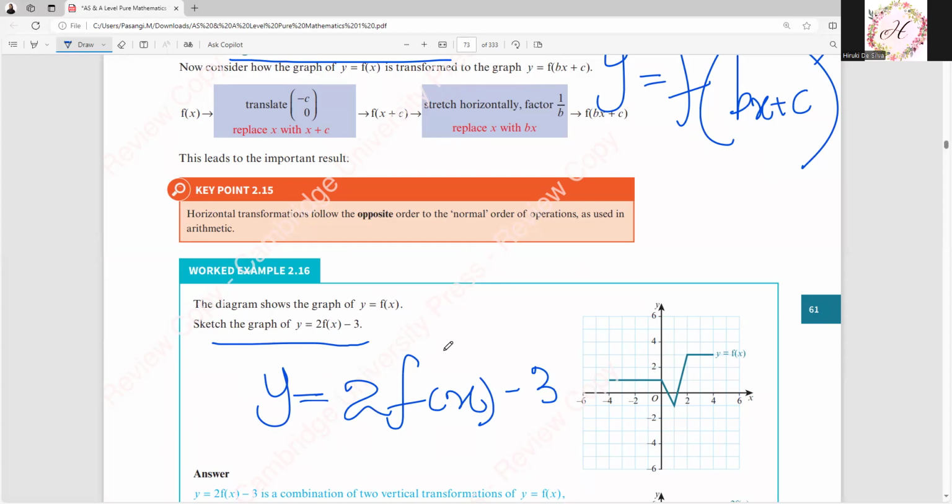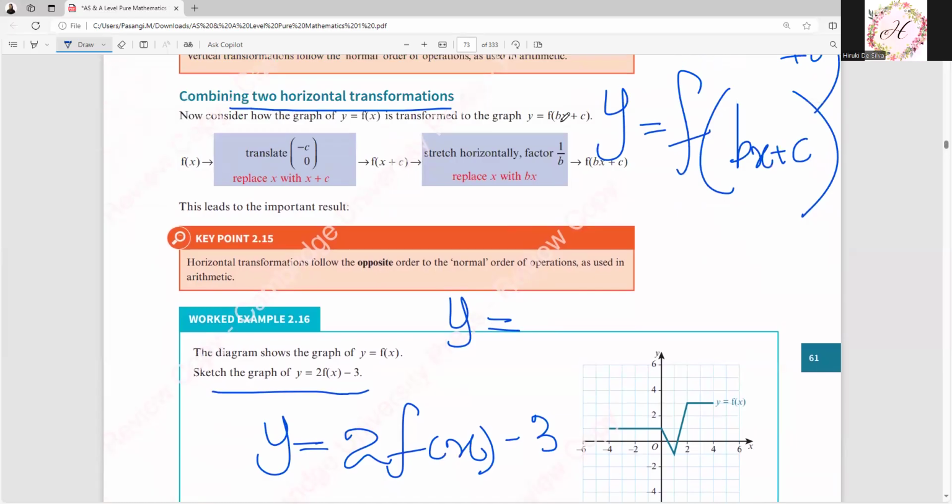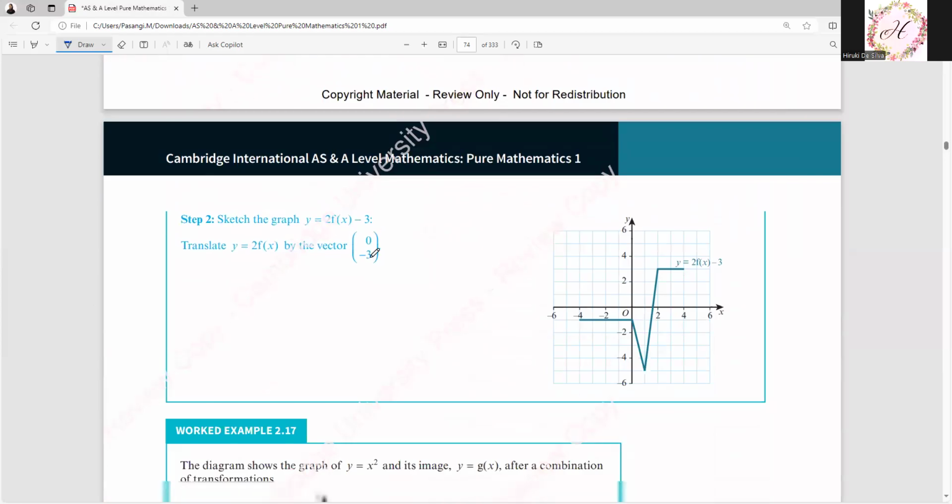And then we need to move it down by 3 units. Here, if the equation is like this, again a function of bx plus c, then that means it's a kind of horizontal transformation. So this is what we have.